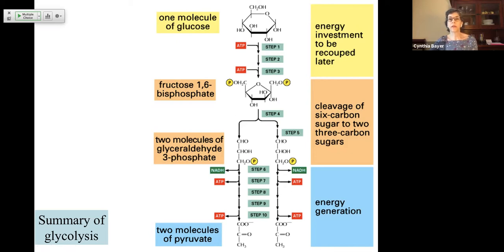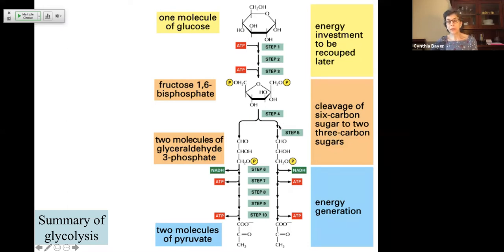And the first phase, the first 3 steps of glycolysis, requires an investment of energy in that 2 molecules of ATP will be used or consumed in this biochemical pathway. The second stage is the cleavage of a 6-carbon sugar molecule broken down into 2 3-carbon sugars.